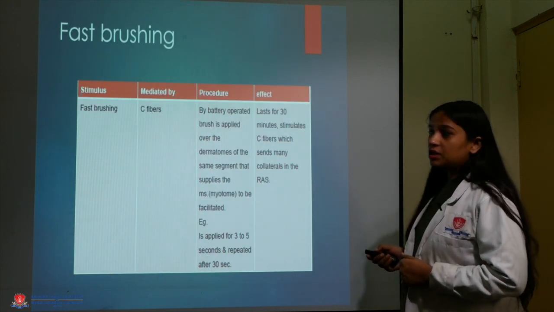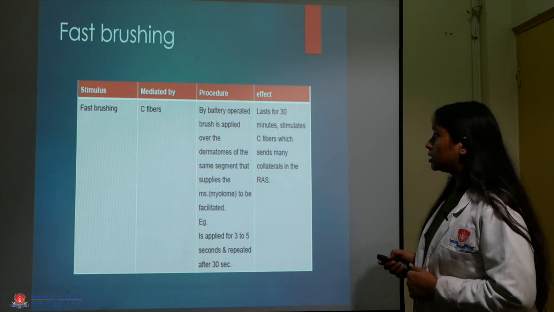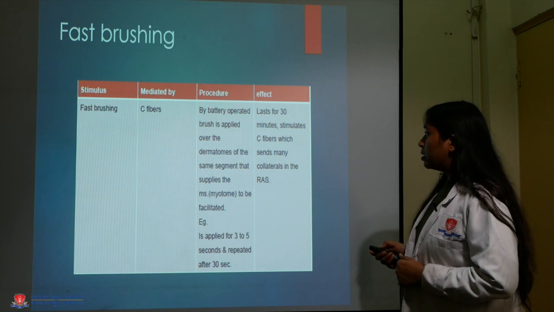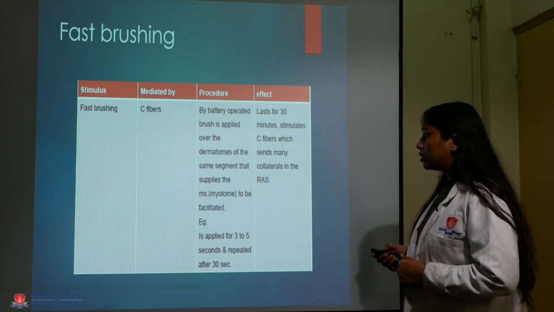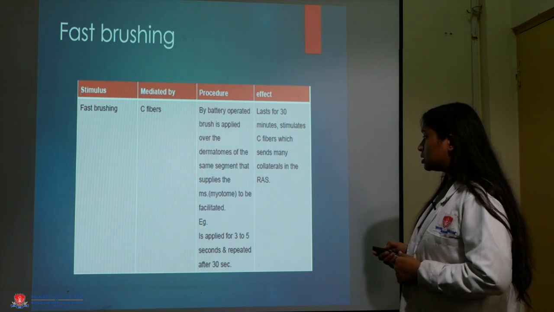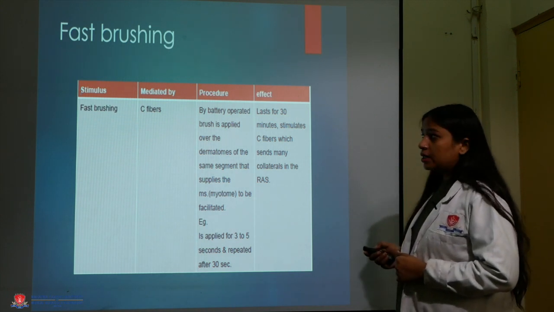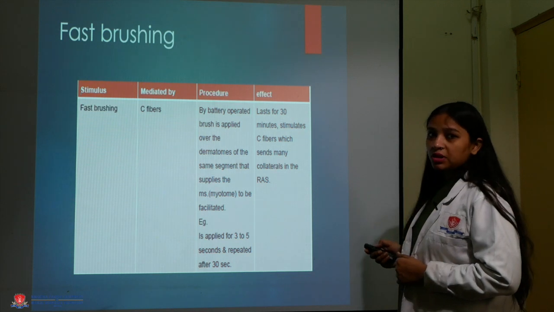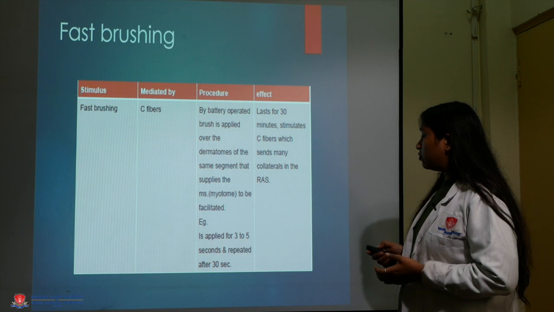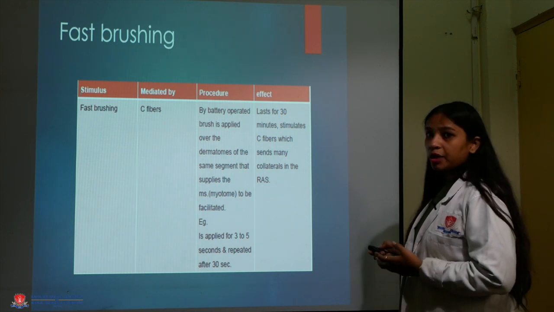So next is fast brushing. Fast brushing is mediated by C fibers, and the procedure is that a battery operated brush is applied over the dermatome of the same segment that supplies the muscles, that is the myotome, to facilitate it. So for fast brushing, we have to purchase a battery operated brush.